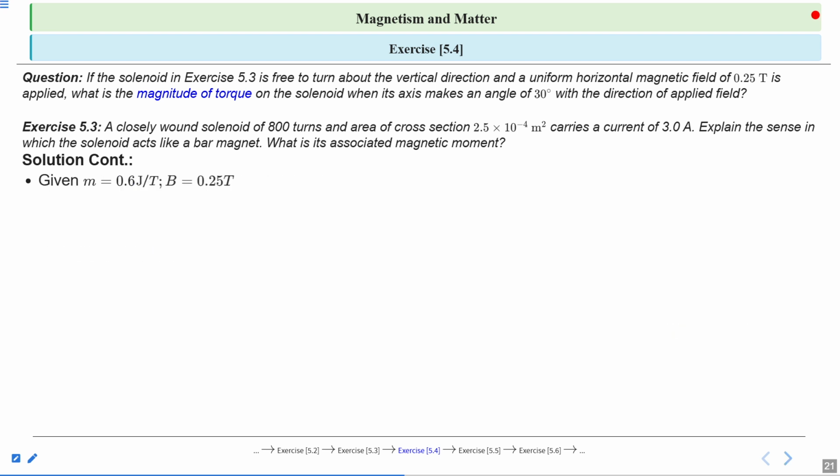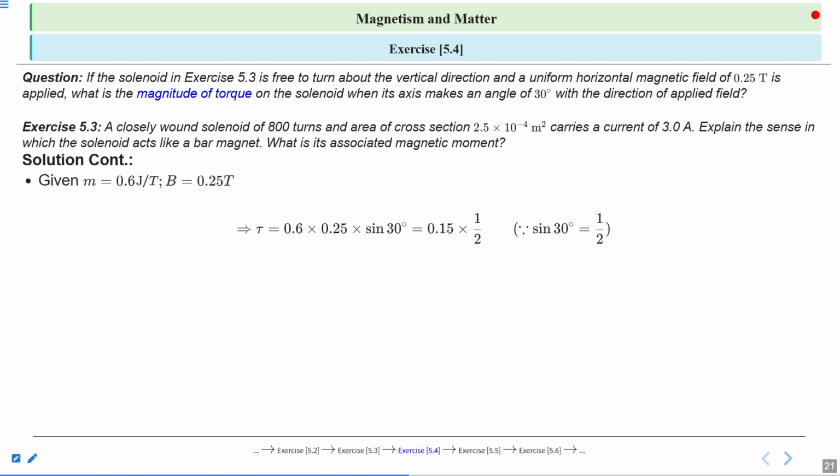So given m equal to 0.6 and B equal to 0.25 Tesla, tau is given by 0.6 into 0.25 into sine 30 degree. Okay, mB sine 30 degree. And this sine 30 degree is 1 by 2.